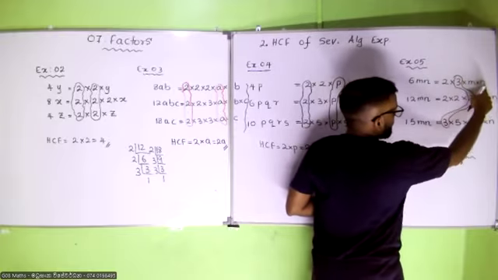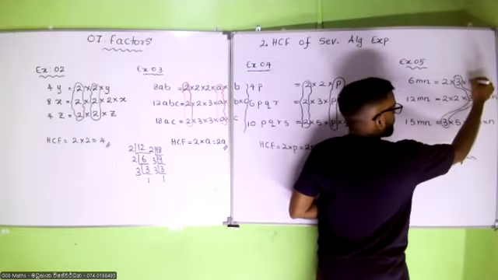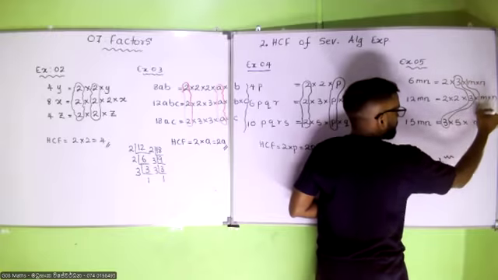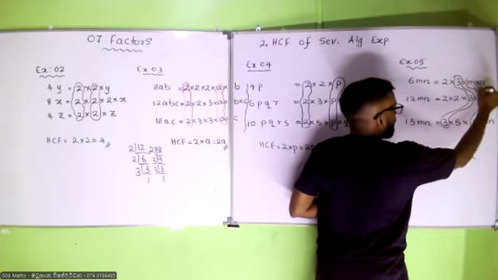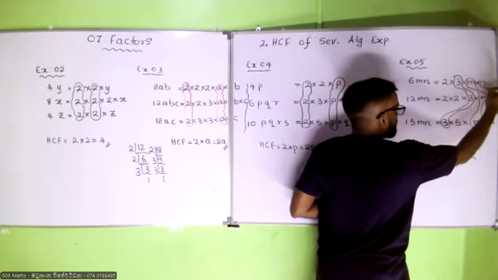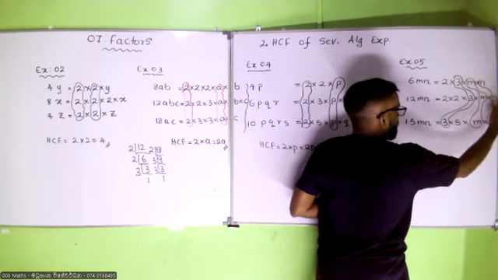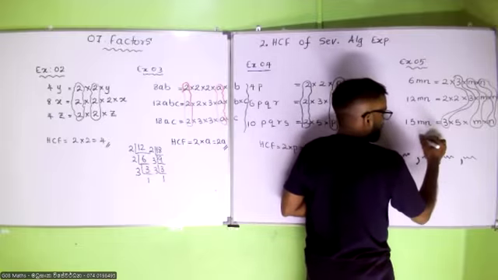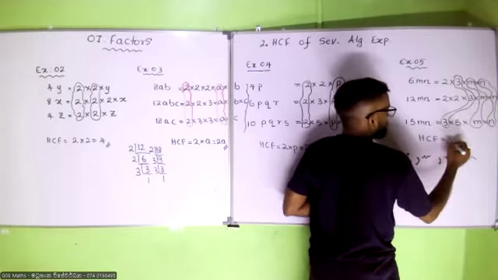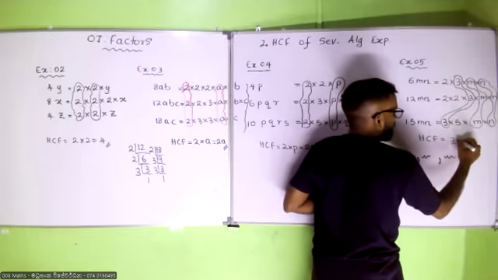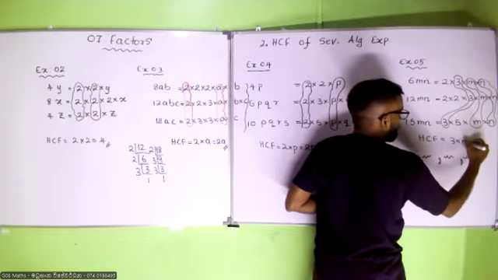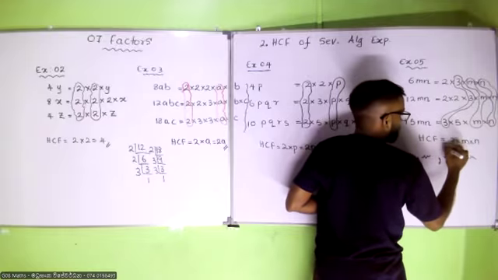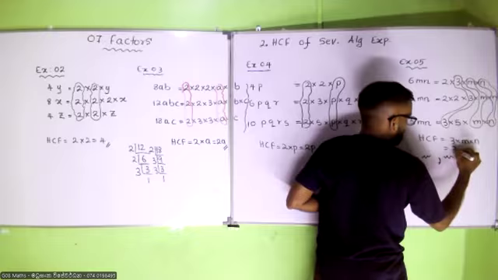And M and N are common as well. So you have to catch the pattern now. It makes the problem easy. The highest common factor is 3 multiplied by M multiplied by N. That means 3MN.